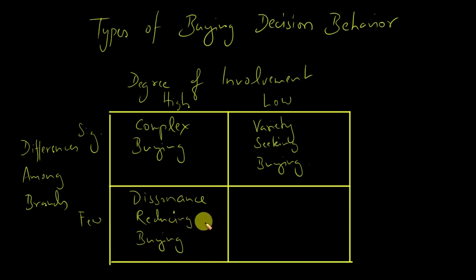Here, an example is furniture. When a customer decides to buy a furniture, the customer might go through a lot of information search as it is a very high involvement purchase, but yet perceive that not many differences in the brands are available in the market.